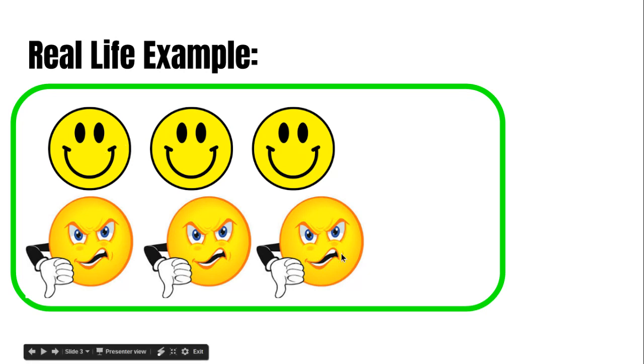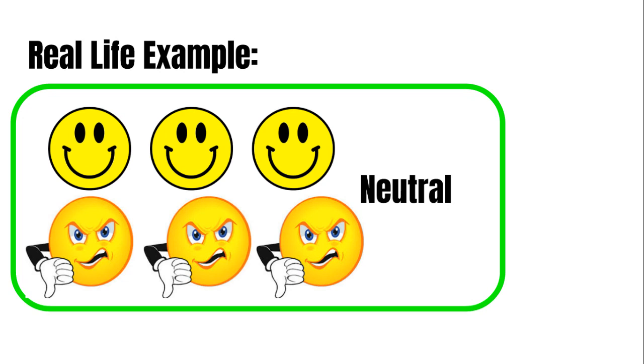Now, in your same group of friends, you have the Eeyores, the woe is me people. Life is terrible, I can't believe this, oh my gosh, it's sunny out, all that kind of stuff. Those are your electrons. Typically in your group, you have about an equal amount of protons as electrons to make the overall charge of your group neutral. And that's what we have here. We have a neutral group.